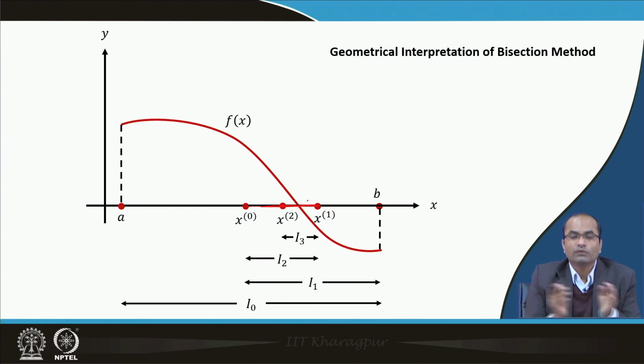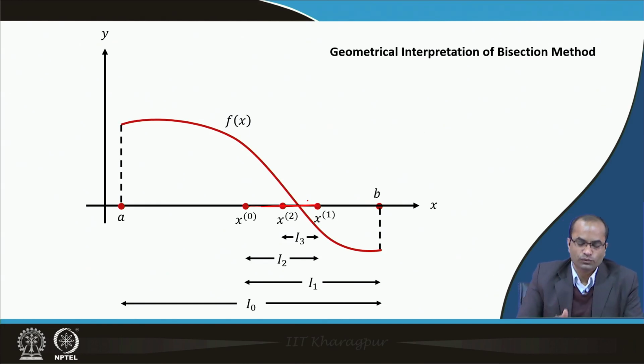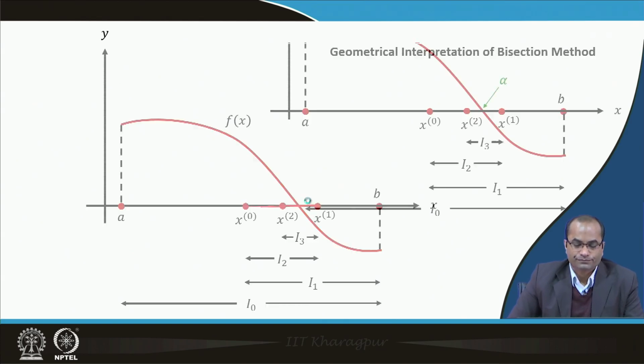So, we are narrowing down this interval, and the middle point of it will give the approximation of the root. As we proceed further, we will have a very small interval, and the midpoint of this interval will give the approximate root of this function f x.